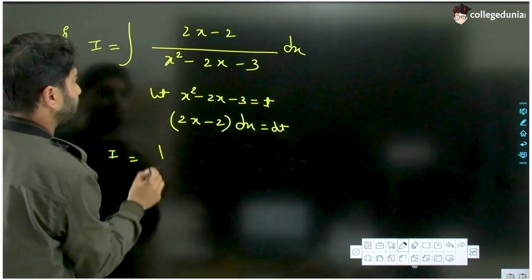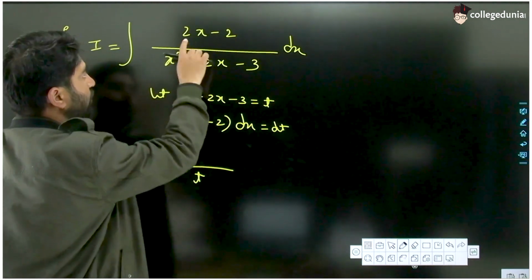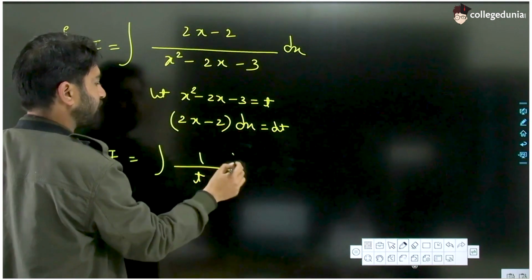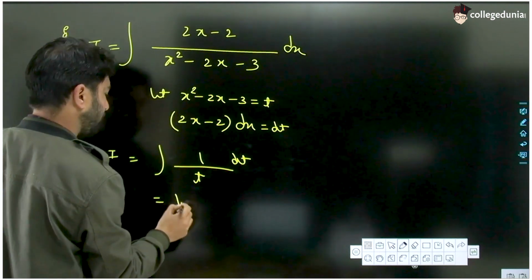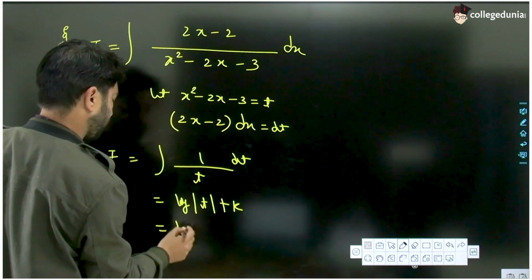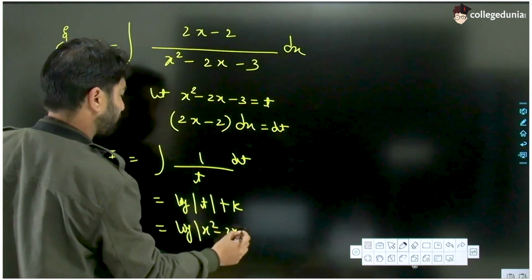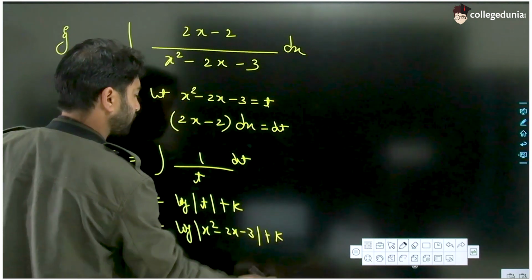So guys, now this entire expression will become in denominator we have t, 2x minus 2 into dx. Now this will become dt and the integration will be log t plus k, where the value of this t is x square minus 2x minus 3 plus k, right?